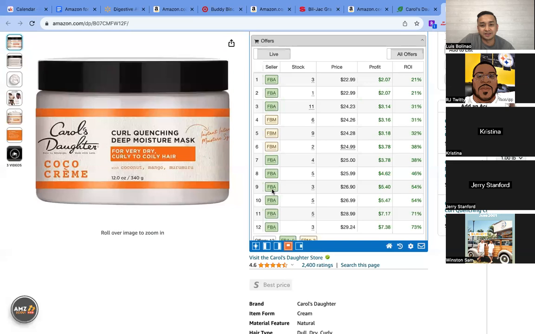Let's see. So Christina's asking, can you get a license to resell and just purchase products at wholesale and sell them? Yes, you can. So wholesaling is another model. It works really well too, except that you gotta buy in bulk. So it's a little risky and not beginner friendly because instead of buying 10 pieces and doing a test buy of these products, you're forced to buy 50, 100, 200 pieces and spend like 5,000 or so per order.